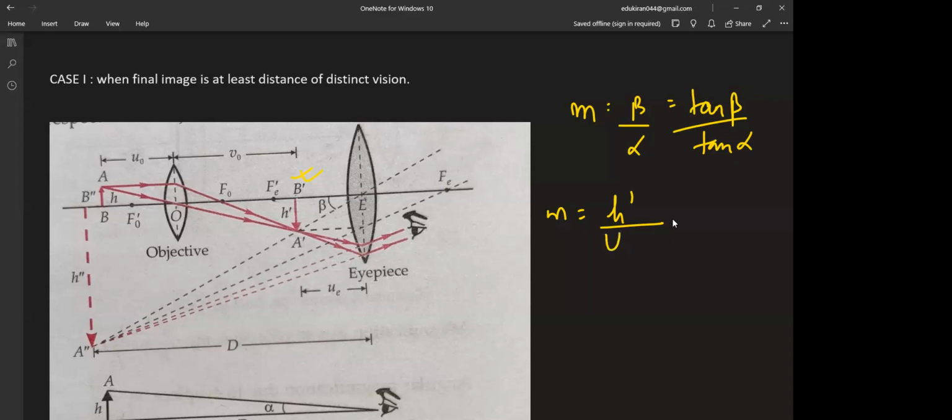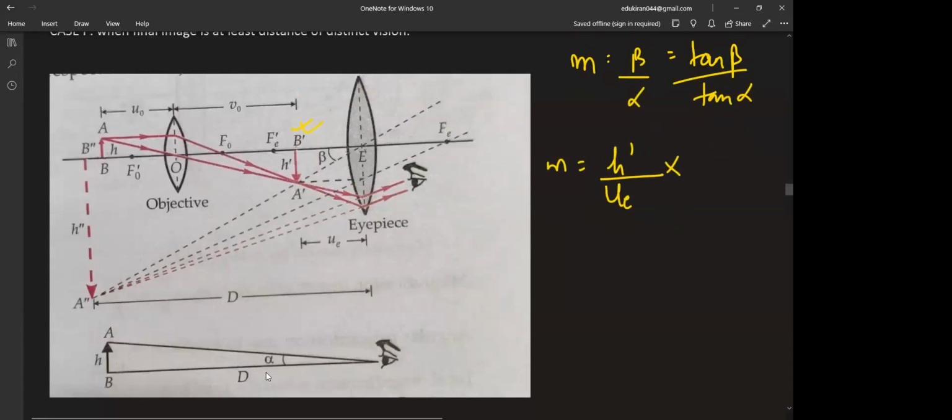So UE. Coming to tan alpha we know initially this is height of object by the least distance of distinct vision. Correct. So this will simply be, initially we'll multiply it by height and this will go up, that is D. This we'll have H by D, right. So this we have.